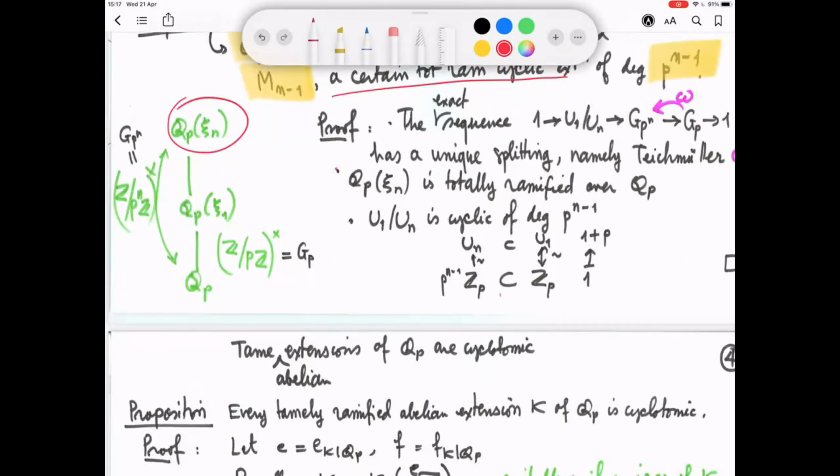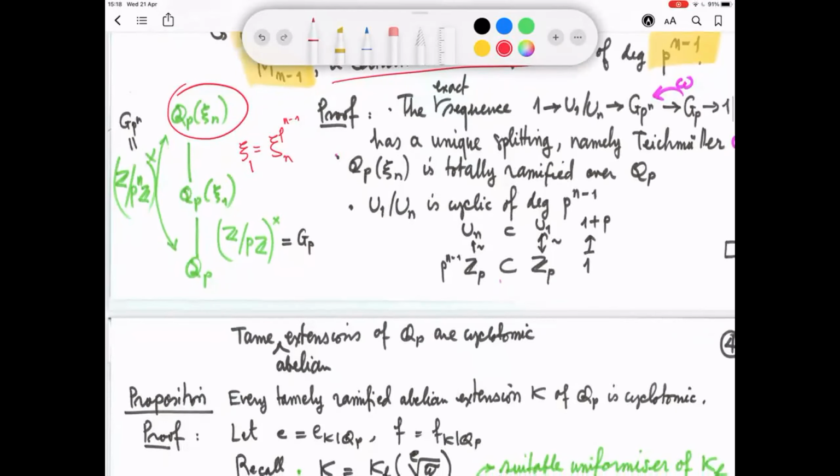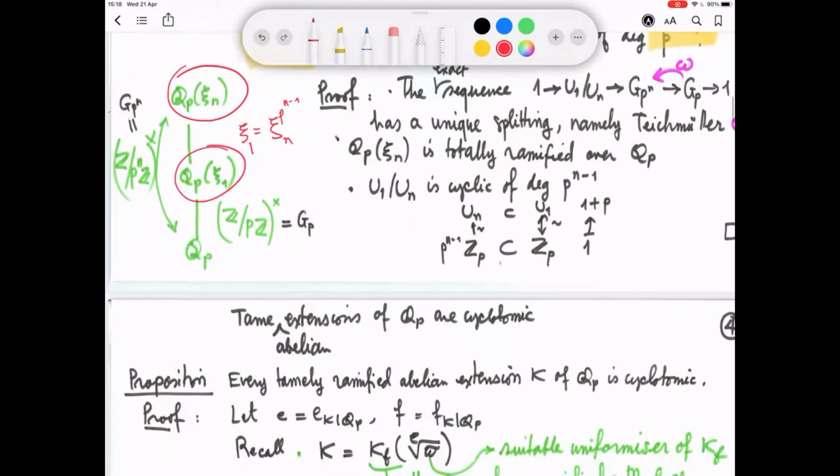You have Qp psi n here, and psi 1 is psi n to the power, what is it? p to the power n minus 1 or something? I would think so, yes. So this Qp psi 1 is contained in Qp psi n, and the Galois group here is (Z mod pZ) star. Let's just call it Gp.